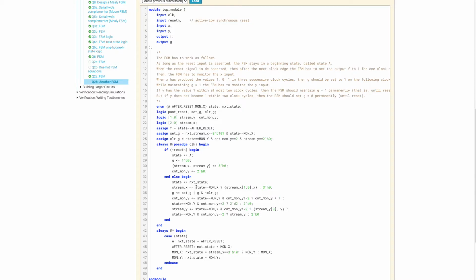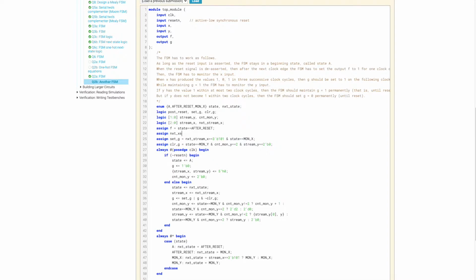So actually, we want this just to be next stream X, where I would assign next stream X as just this. So 1 is inserted this cycle, and then the next cycle transferred here would then go ahead and set the G as 1. This will hold it forever.